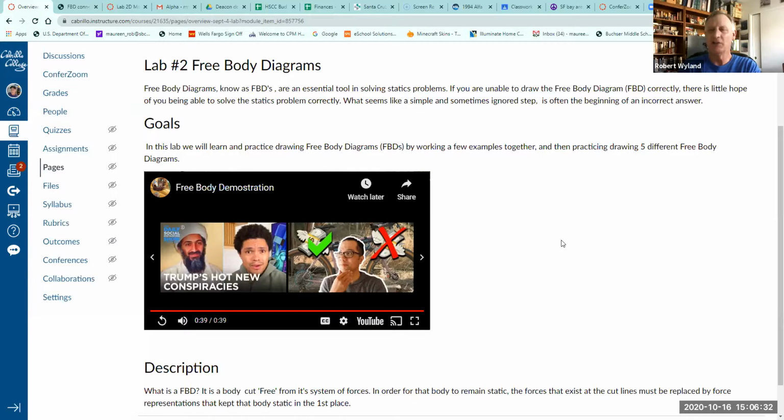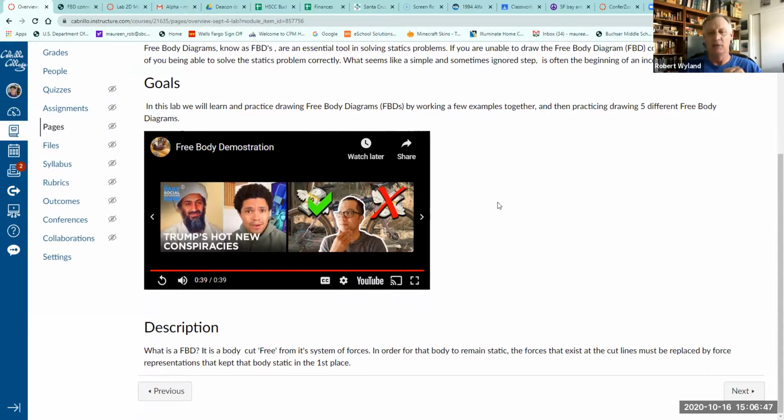And then we would replace those other things with forces. And that's the whole concept behind a free body diagram: to basically cut away the object that you're trying to analyze and replace those things that you've cut away with forces. And basically, that's the essence of it.